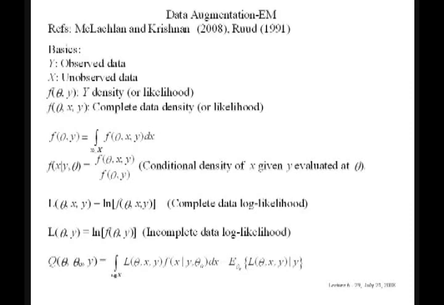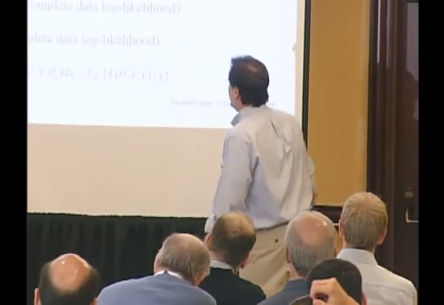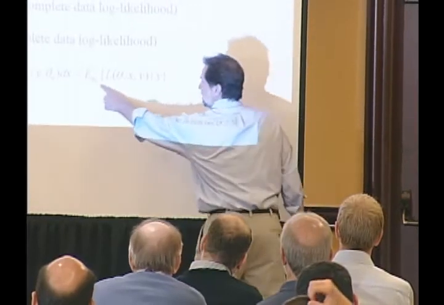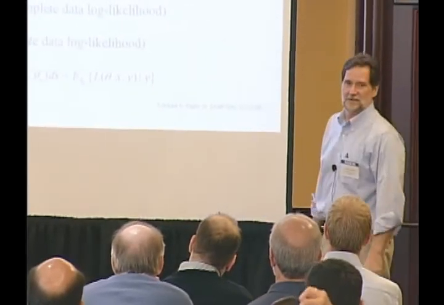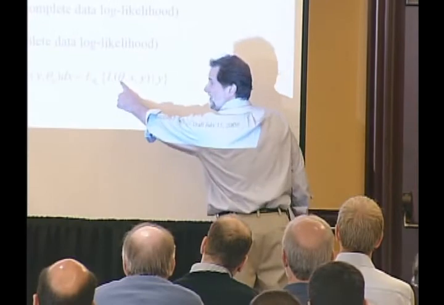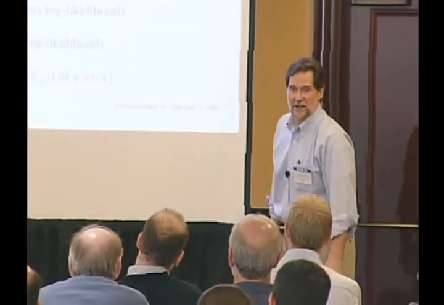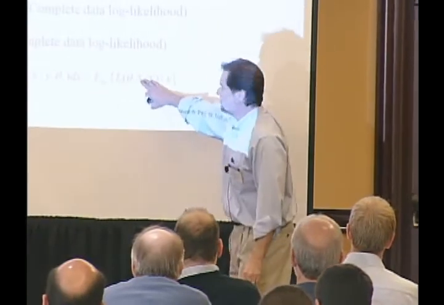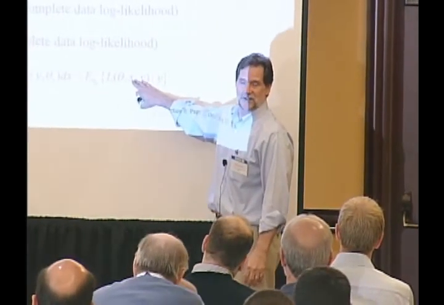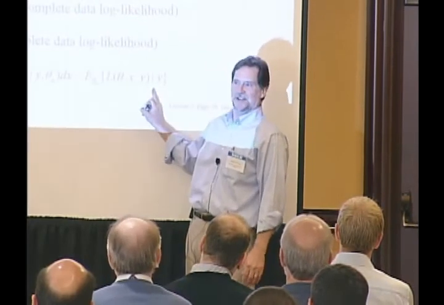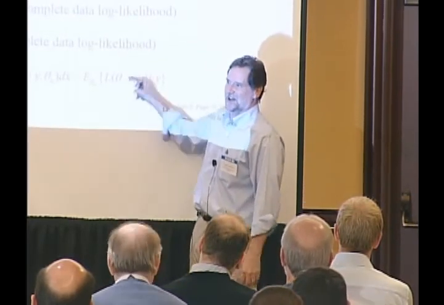Compute the expected value of the likelihood from the complete data, conditional on the data that you have, using this parameter value. That likelihood, of course, is going to depend on theta, because it's a function of theta, right? And now what you're going to do is maximize this guy. When you maximize that guy, that gives you another value of theta. You're going to stick it in here and do this again, and you're going to iterate this thing, right?